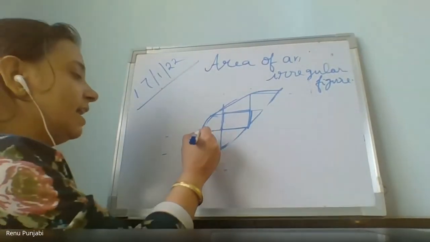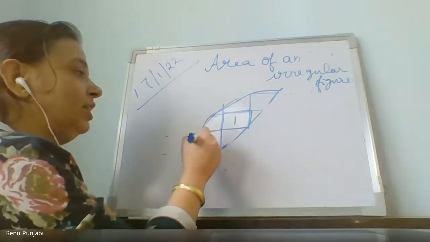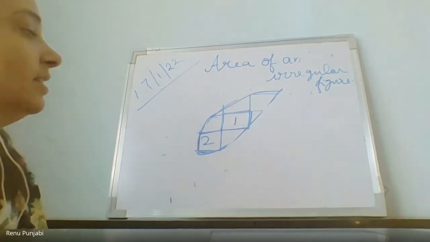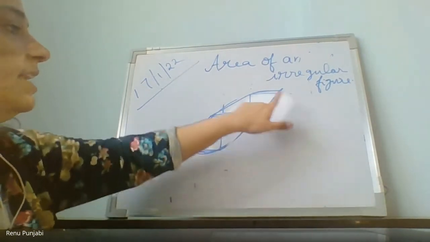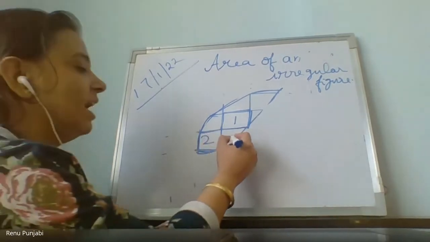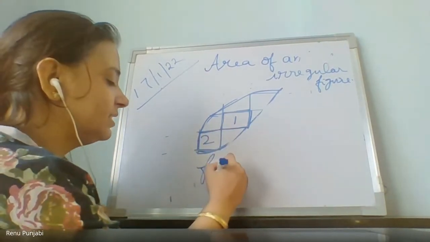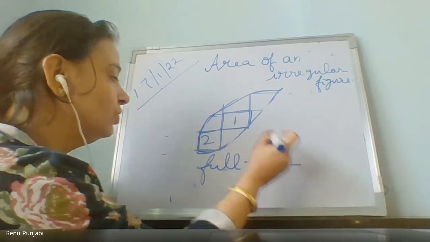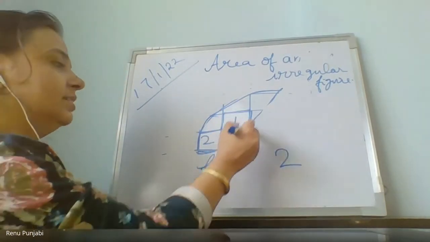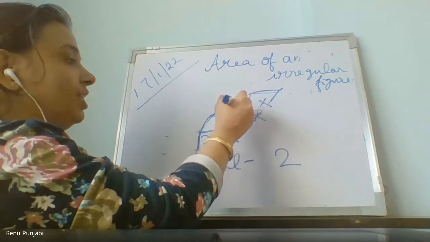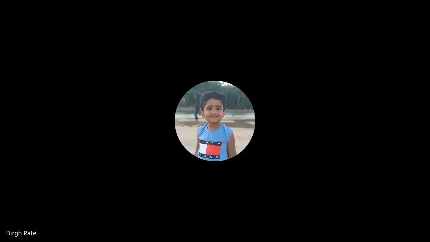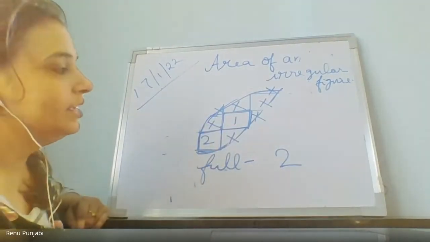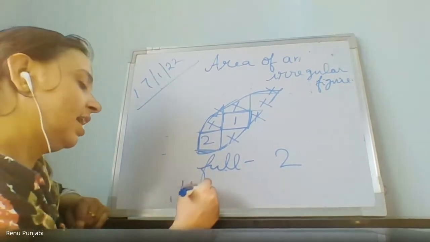So I can see these 1 and 2, right? The others are half squares. So I will count full squares, which are 2, and half squares: 1, 2, 3, 4, 5, 6, 7. There's also a little bit. Okay, 7 half squares I will count.